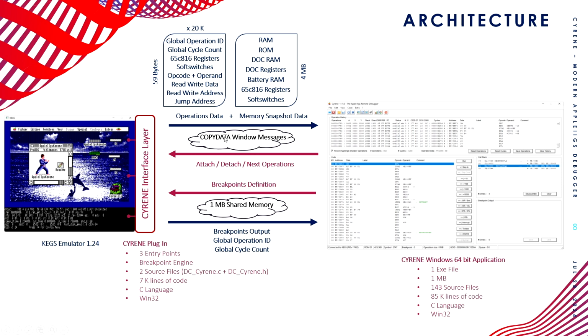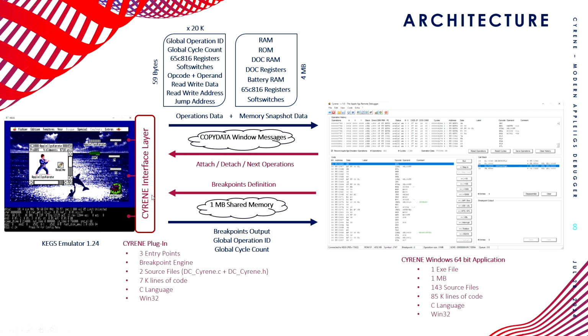Siren is receiving information and data from KEGS basically in two ways. Operation data: for every operation by the microprocessor, there is a 59-byte set of data which is sent to Siren to be processed and analyzed. And also on demand, KEGS can send all the content of its memory space, the RAM, the ROM, the DOC RAM, DOC registers, and so on, up to Siren for extra analysis also.